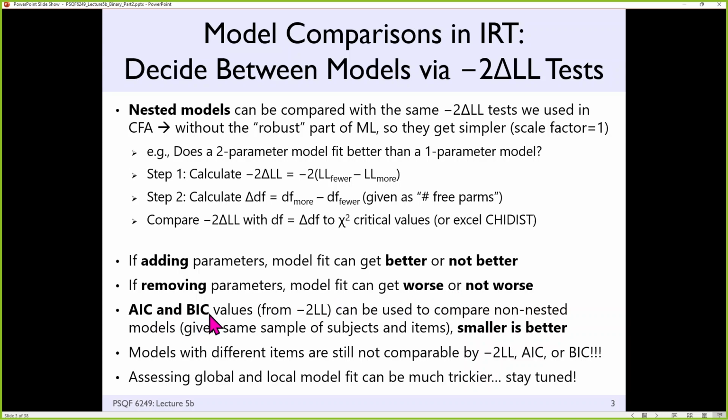And we can still use AIC and BIC for non-nested model comparisons. However, and this is the thing I forgot to review last time, models with different items are not comparable. They are not. We can't use AIC and BIC because they have as their primary ingredient -2 log likelihood. And log likelihood is literally the sum of the multidimensional response likelihood mountain for each person.